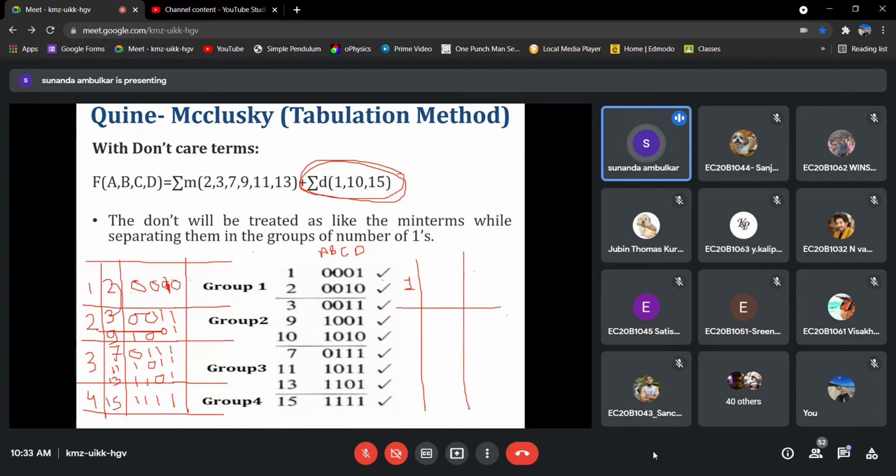See, we have compared 0, 0, 1, dash. So here 2 and 3 make this, and 2 and 3 get a tick mark. This has been compared.